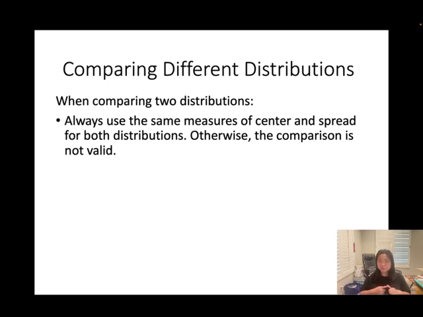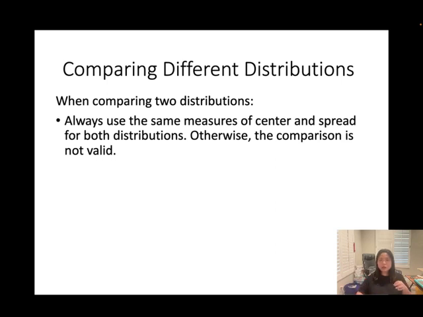For example, if you use the mean for the first one, then you have to use the mean for the second one. Okay? And if you're using the mean, then you want to use the standard deviation to measure the spread of the data for the first one. You're going to use the same thing for the second one.